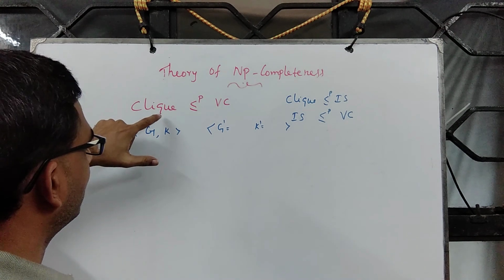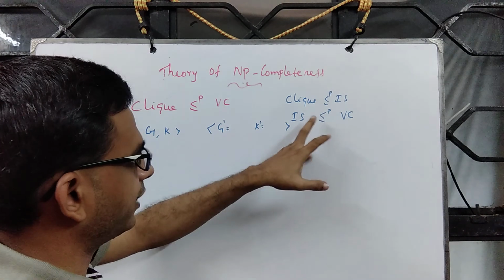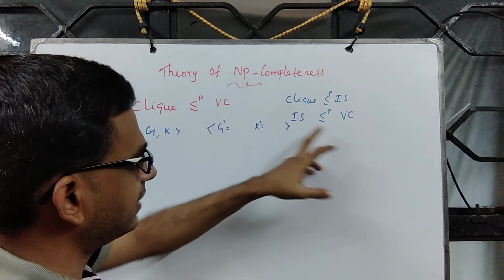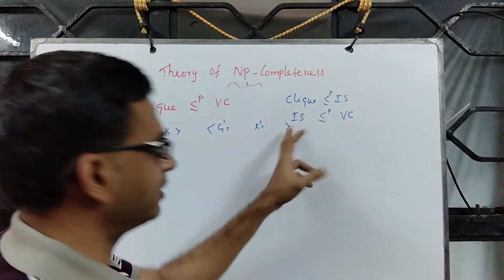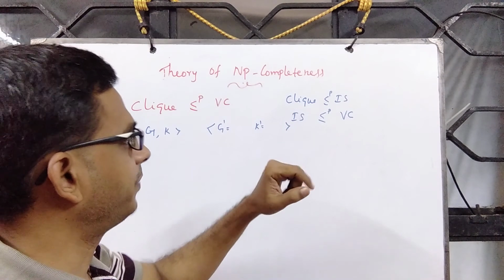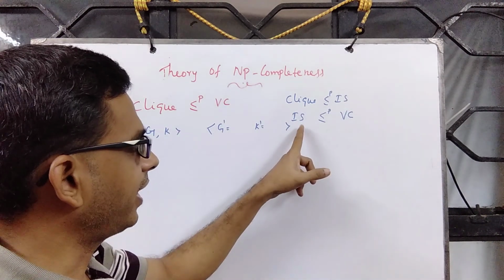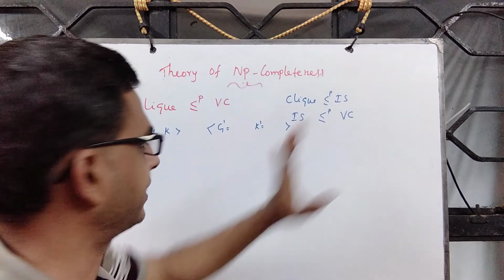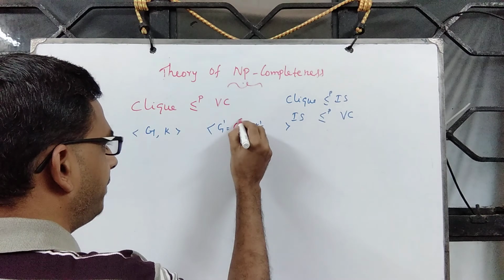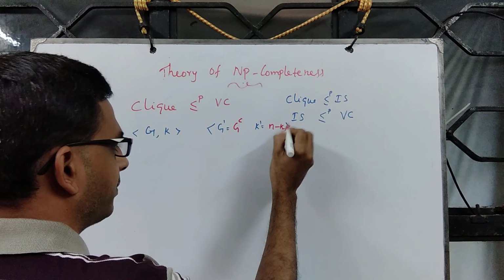Remember, to get independent set, we took the complement, and for independent set and vertex cover, G remains the same. So for this we need to take the complement, and over here only the parameter changes. K maps to n minus k. So we take G complement, and k prime becomes n minus k.